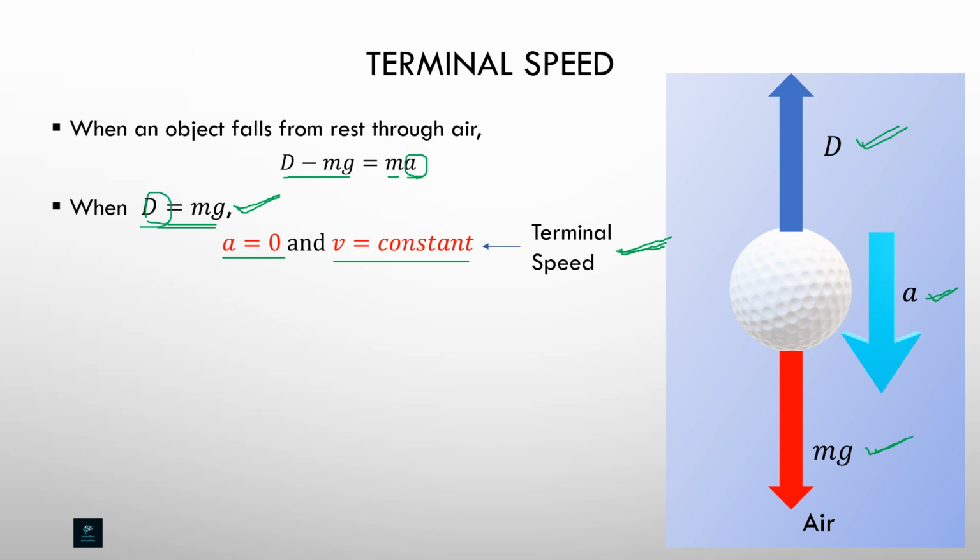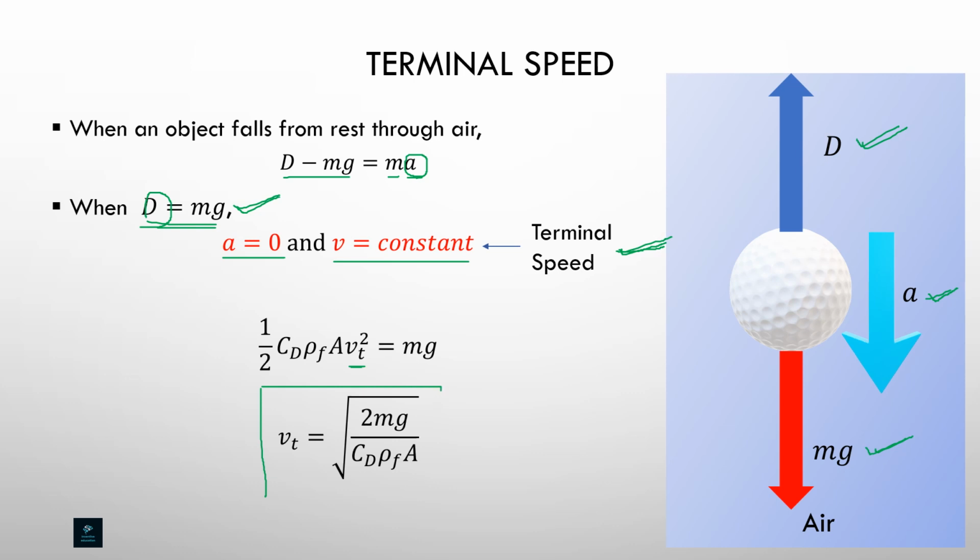So D is equal to half C_D rho_f A v_t squared, where v_t is the terminal speed, and this is equal to mass times acceleration, which is g. From this we can calculate the terminal velocity as square root of 2mg divided by C_D rho_f A. This is the terminal speed of an object which falls from rest through air.